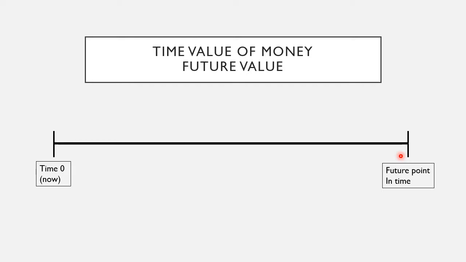And that's why we have interest. So we'll have a known amount today, and we'll say, if I invest or earn a certain interest, what will it be in the future? Well, we'll have tables that help us figure that out.